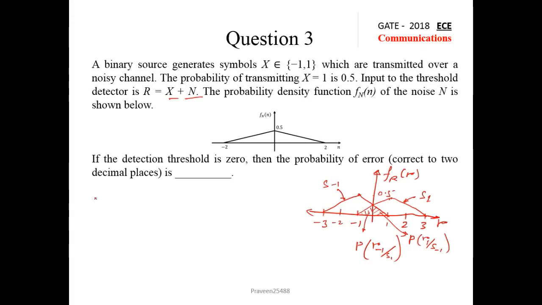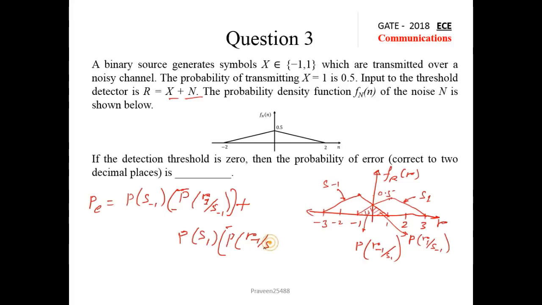Now we'll calculate the probability of error. The probability of error is given as the probability of s-1 transmitted multiplied by the probability that received symbol 1 is detected when -1 is transmitted, plus the probability of symbol 1 transmitted multiplied by the probability that -1 is received when 1 is transmitted.